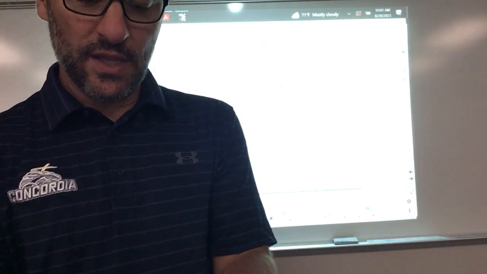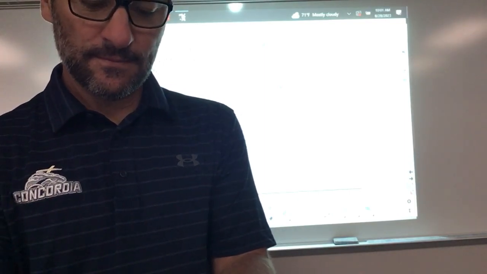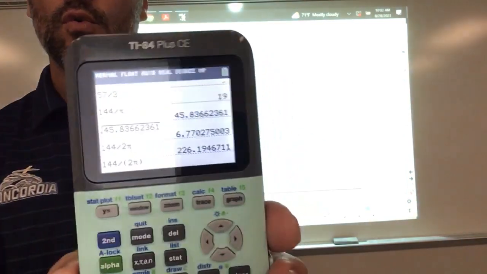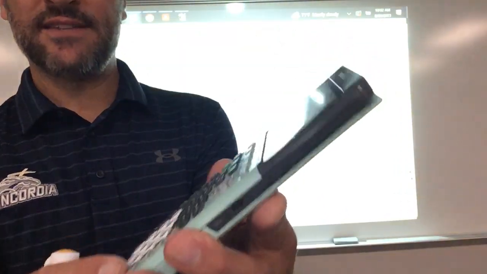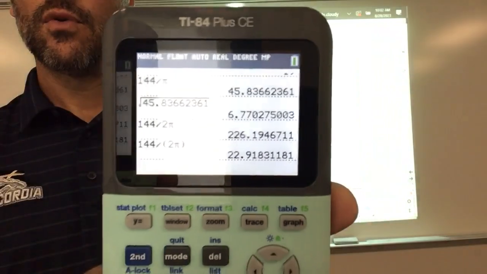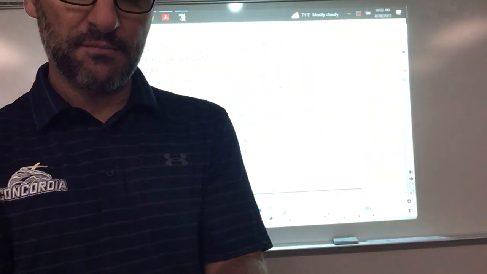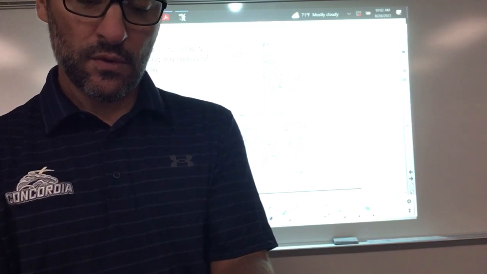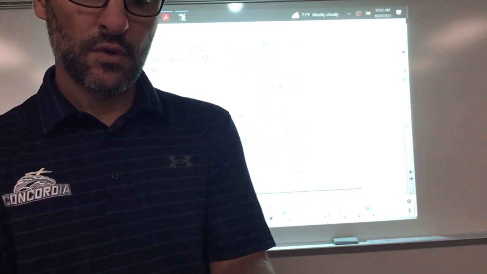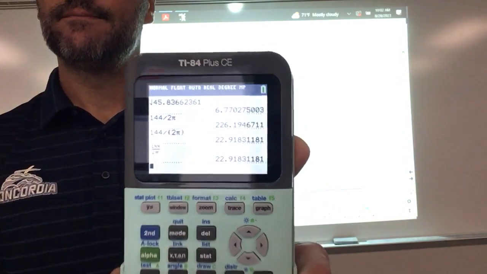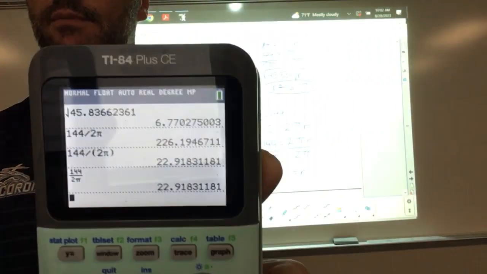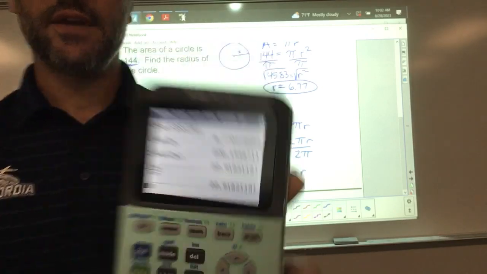You either need to do it with parentheses to get the right answer, or you need to use the fraction button on your calculator. Either one of those two methods would be preferable. There you go, you can kind of see it there.